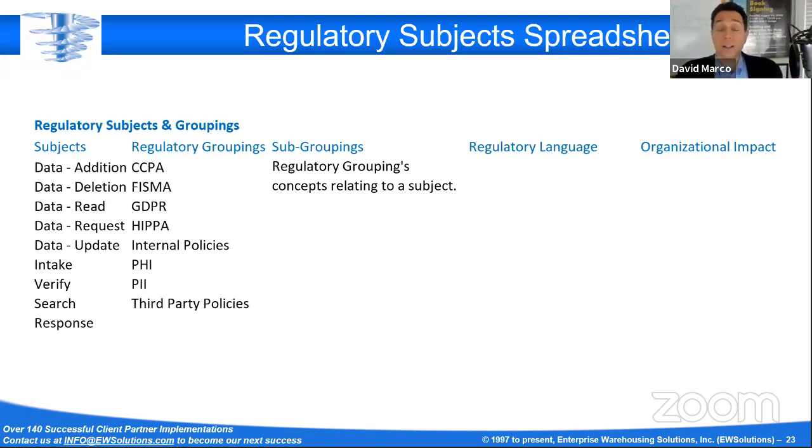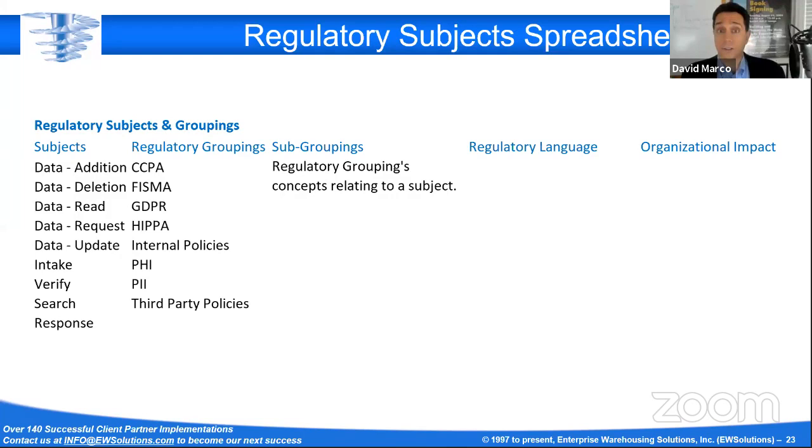So a regulatory spreadsheet has different subject areas because all these regulations essentially address the same concepts that we do in data. Things like adding data to our systems, like a new customer. Deleting data, reading data, requesting data, updating data, the intake, the verification of data, searching, response. These are all common regulatory subject areas.